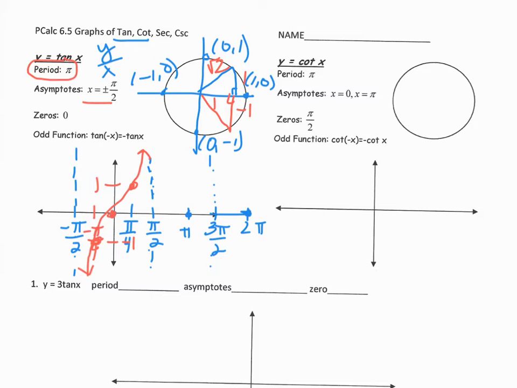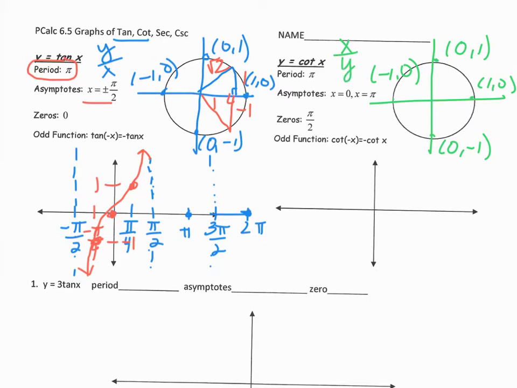Now, let's do the same thing with cotan. I draw in all the same points: 1, 0; 0, 1; negative 1, 0; and 0, negative 1. Remember, cotan is the reciprocal of tan, so cotan is going to be the x value over the y value.